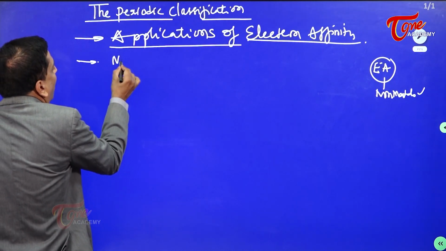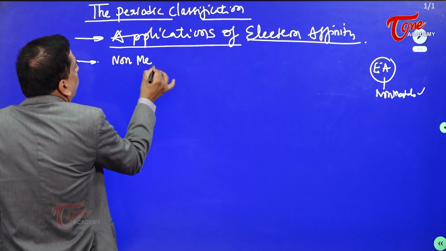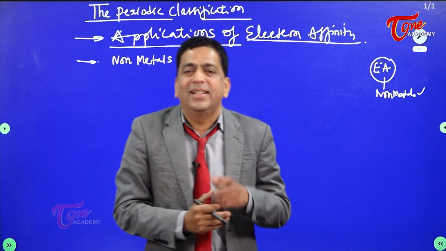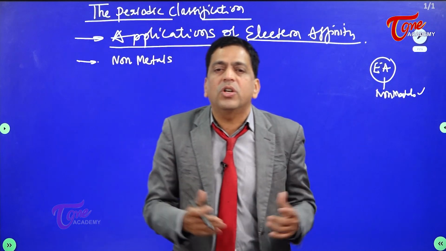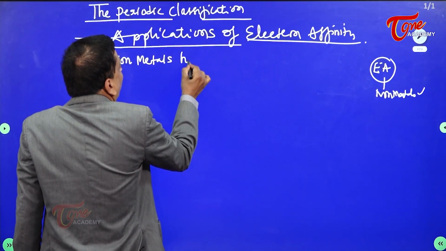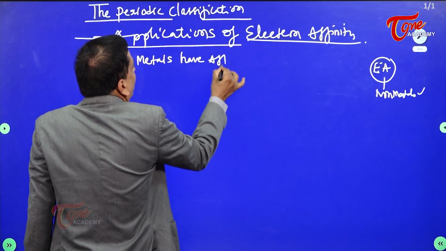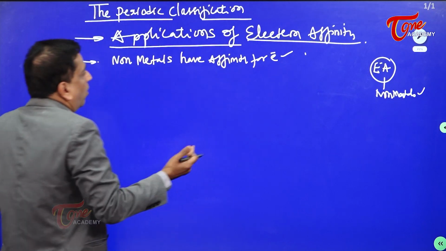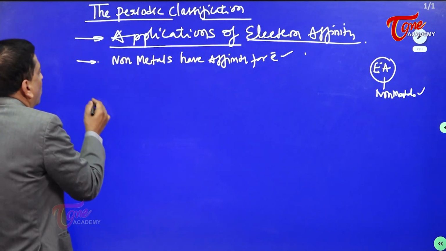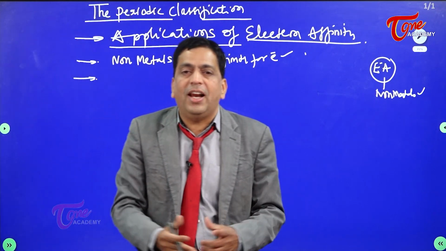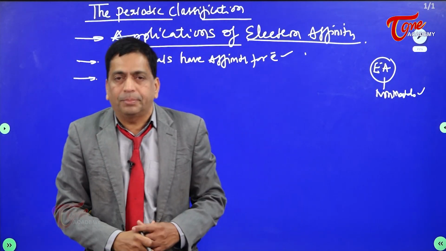I am quoting some synonymous statements to you. Watch carefully. Nonmetals have affinity for electrons. Well, if this is the case, when you love an electron, you pull the electron from your neighbor.